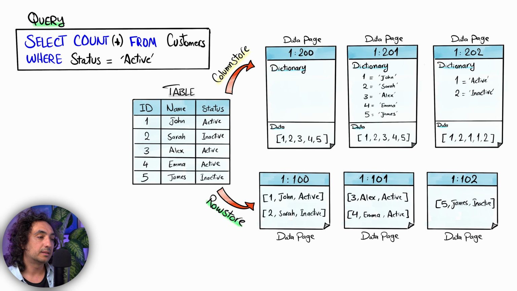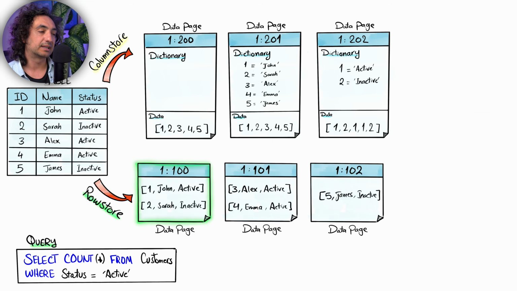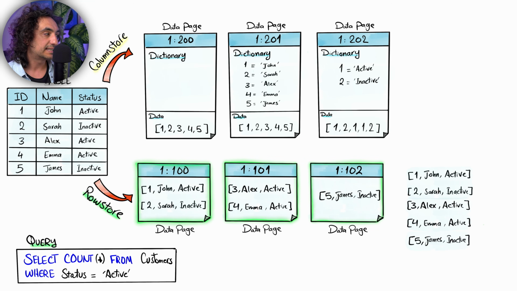So now if you query the table with the Rowstore, what can happen is SQL has first to go and collect the data. So it's going to go to the first data page and collect the first two customers, then to the second, to the third, and so on. And as you can see, SQL here is reading everything, the whole row, the ID, the name, the status, even though for the query, we don't need all this information.